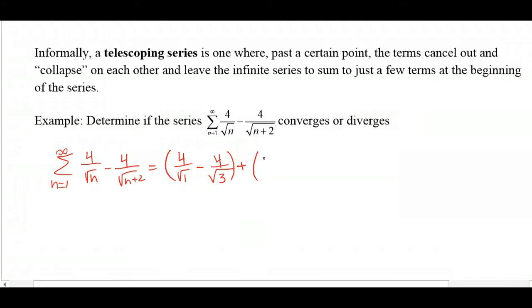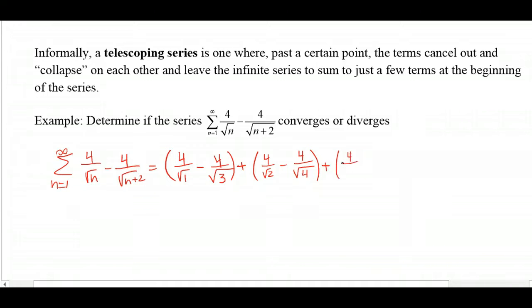Plus, now I'm going to plug in 2, so 4 over radical 2 minus 4 over the square root of 2 plus 2, which is 4, so minus 4 over radical 4. And resist the urge to simplify because you're trying to see eventually what is going to end up canceling out.